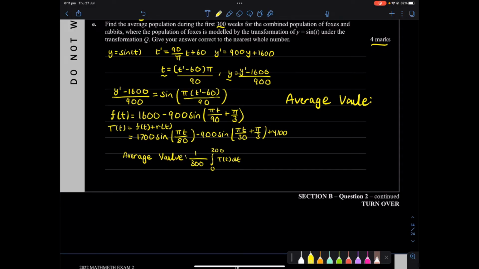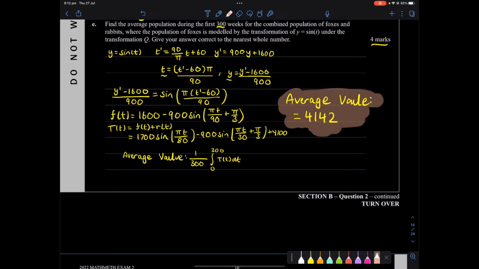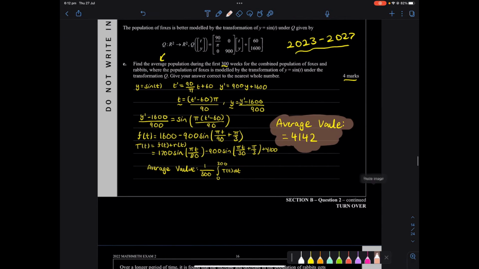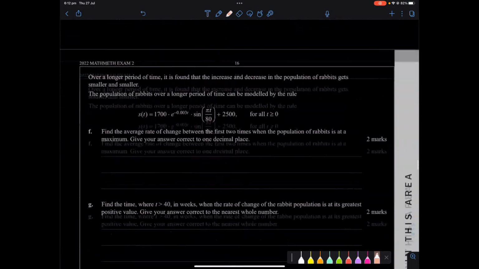Is it to the nearest whole number? So yeah, we get your average value, 4142. That's your answer. I'm just going to highlight that. That was a 4 marker. Wow, that took a very long time, but I hope that's right.